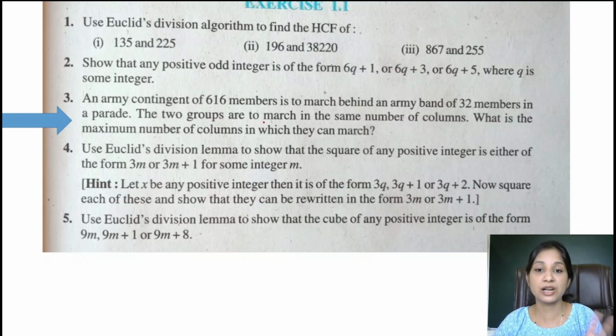The two groups are to march in the same number of columns. What is the maximum number of columns in which they can march? Here they are asking about the maximum number, that means highest. It is nothing but the highest common factor. That means you need to find the HCF of 616 and 32.